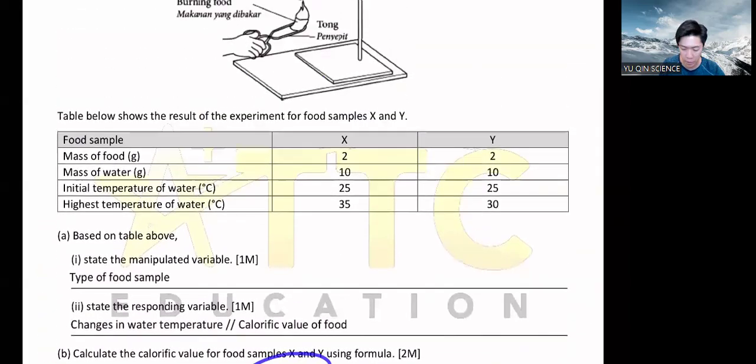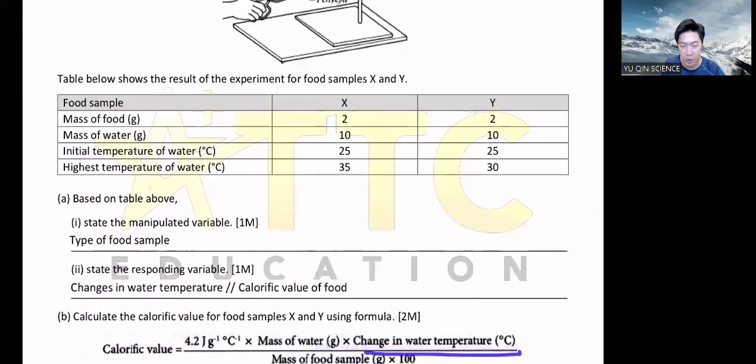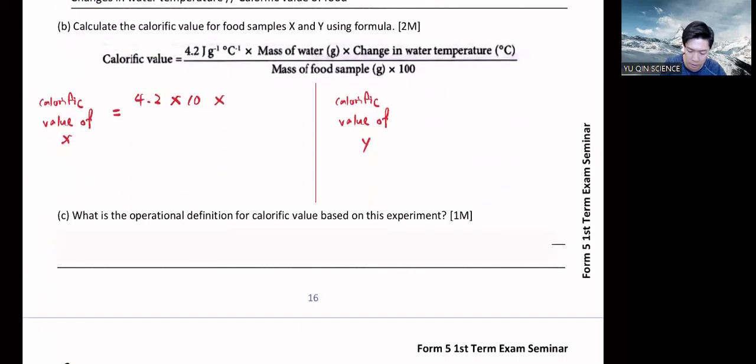Mass of water for X, we're talking about X right now. Mass of water is here, 10, times 10, times change in water temperature. Change in water temperature, 25 to 35, is 10 Celsius, over mass of food sample.